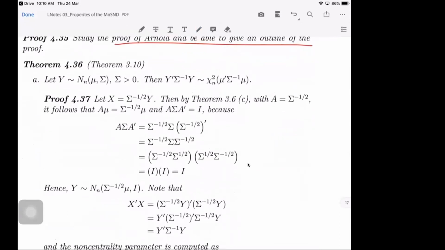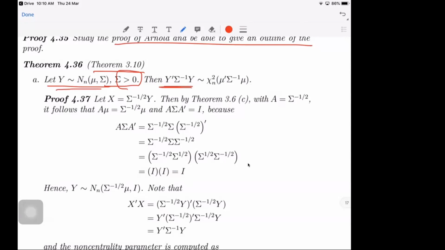Okay. So the next theorem is theorem 3.10. This is the assumption: you have a positive definite covariance matrix and your y is normally distributed. What we are going to do is transform y as y prime y, but we insert the inverse, so y prime sigma inverse y.